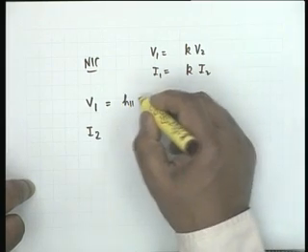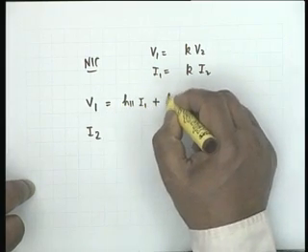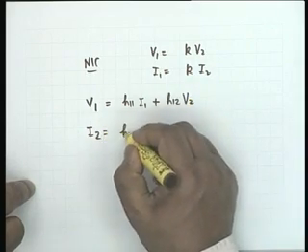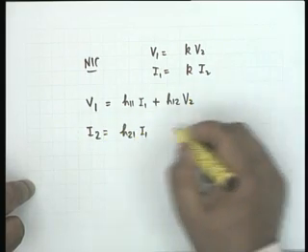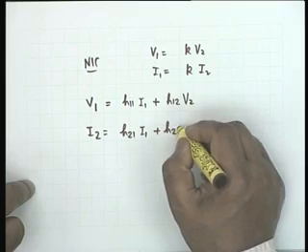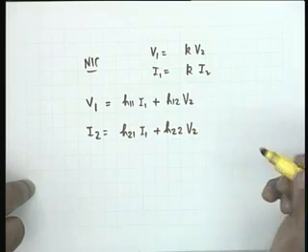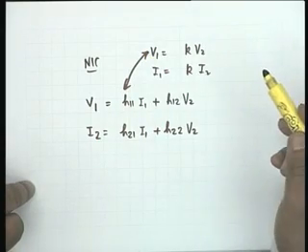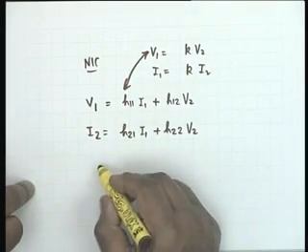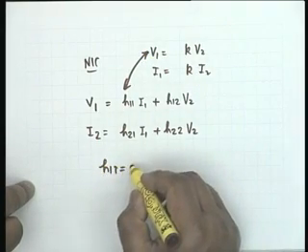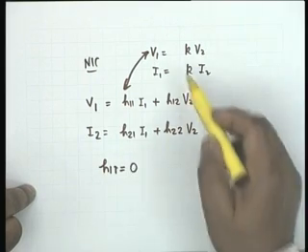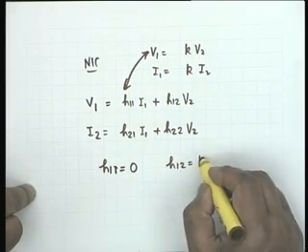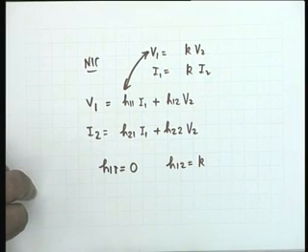So V1 is H11 I1 plus H12 V2, and I2 is H21 I1 plus H22 V2. If I compare this relation with this relation, then obviously what I get is H11 is 0, V1 equal to simply K V2, and H12 is equal to K.